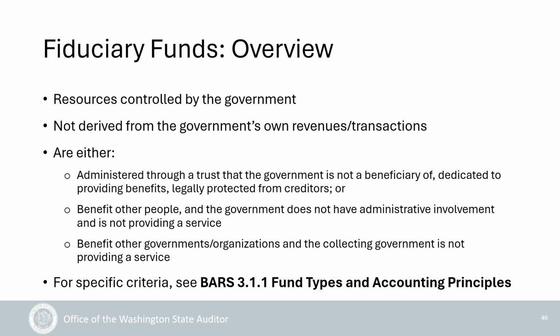Administered through a trust that the government is not a beneficiary of, dedicated to providing benefits, legally protected from creditors, or benefit other individuals and the entity doesn't have administrative involvement in the resource and is not providing a service to the individual, or benefit other governments or businesses for which the collecting government doesn't provide a service to that government or business in which the funds have been collected for.